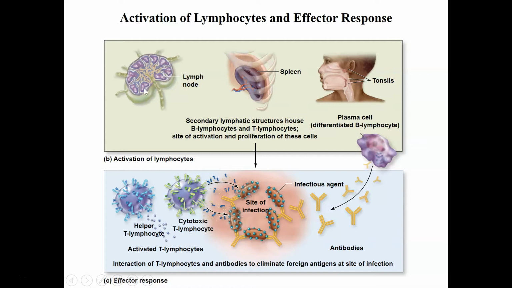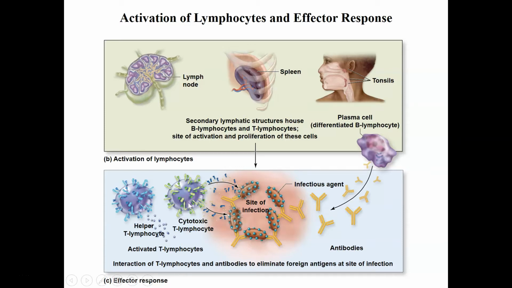That's the site where they'll encounter a foreign antigen, and that's the site where they will be activated and undergo clonal expansion. After that, they exit from the lymphatic organ, and they travel to the site of the infection, usually attracted by pro-inflammatory chemicals. So this is where they carry out their effector response.